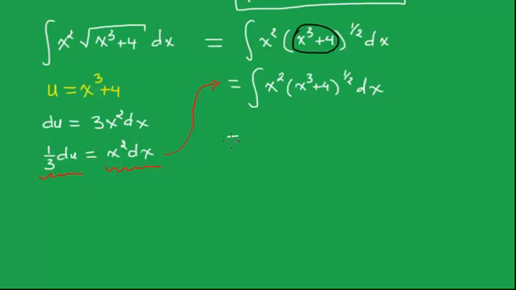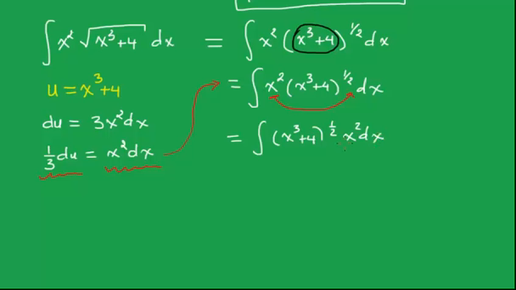I'm going to rearrange. How do I rearrange it? I'm going to take this x squared here and write it next to dx. I can do that. So (x cubed plus 4) to the power of 1/2, and then x squared dx. Why do I do that?